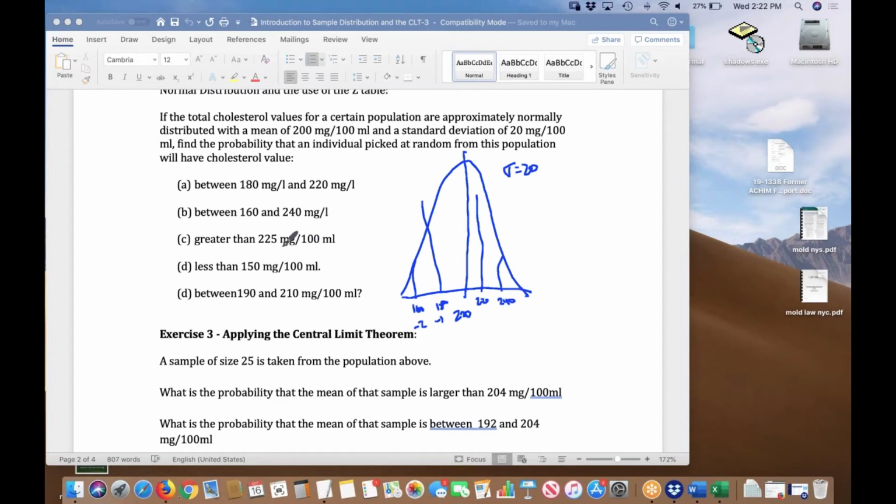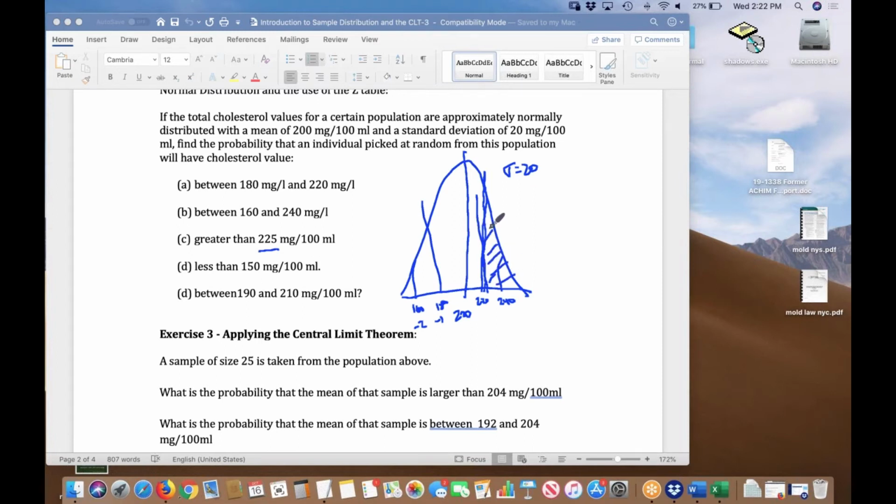In this case, we want to know the probability of picking someone from this population that's greater than 225. So 225 would be a little above 220, but it's not a nice even number, so we can't use the empirical formula to estimate it. So we're interested in this area here.